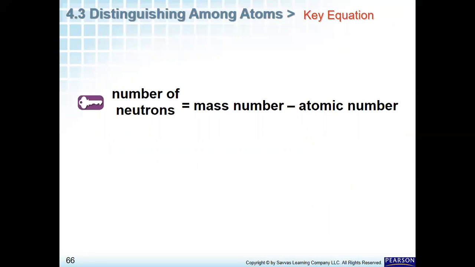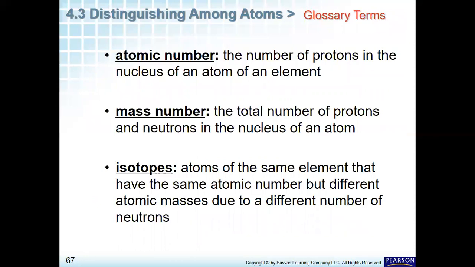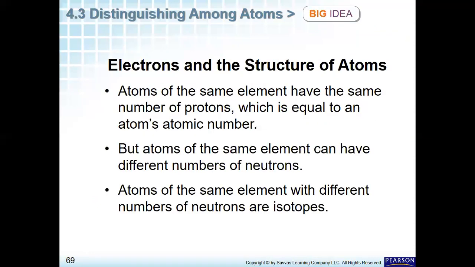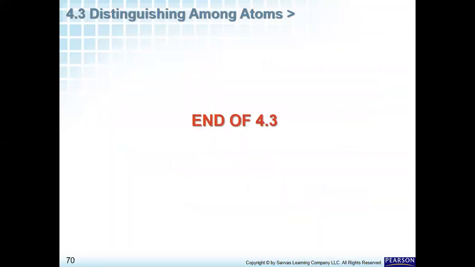Never forget that the number of neutrons is equal to the mass number minus the atomic number. And never forget the definitions of atomic mass number and isotopes, guys, atomic mass unit and atomic mass. And by the end, know more about atom structure, electrons, protons, and neutrons.